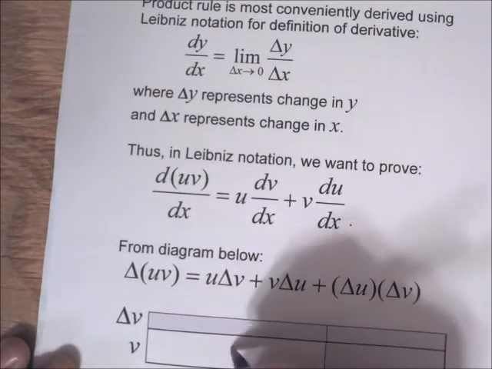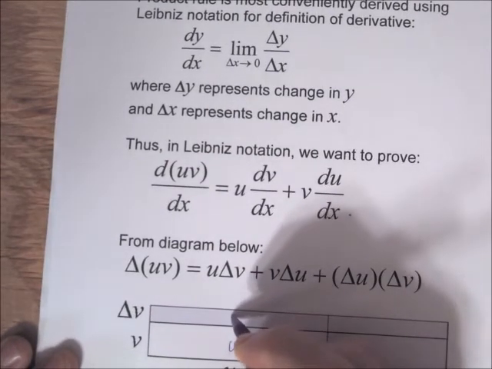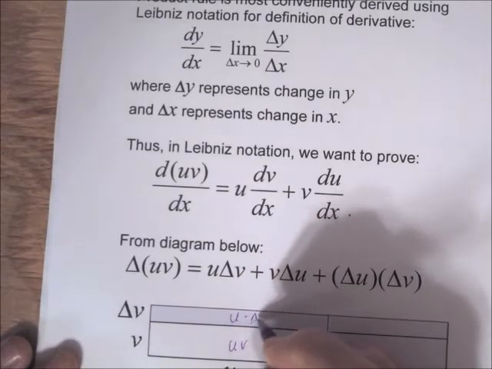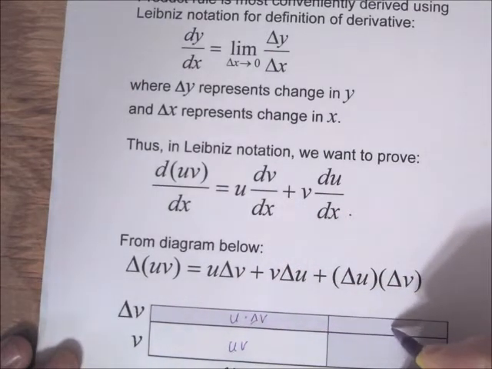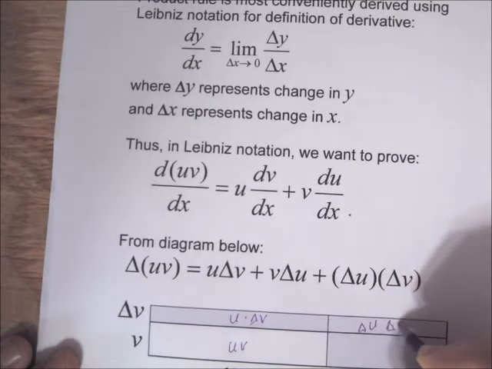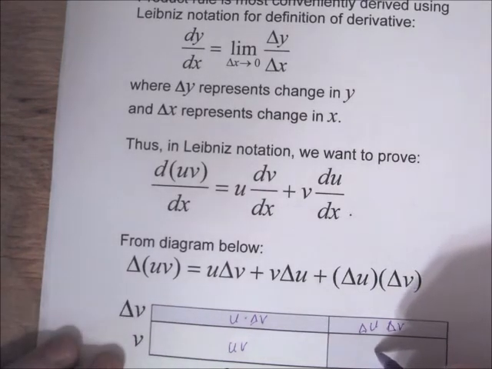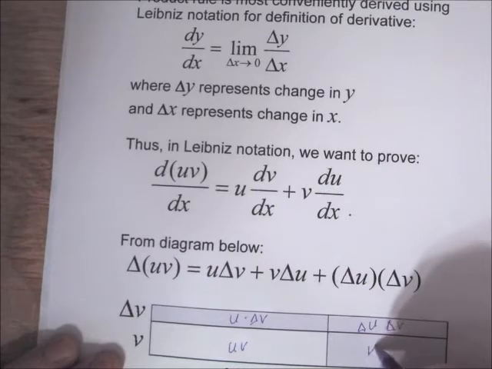This is the original box here, and the next box above it is u times delta v, and this one here is delta u times delta v, and this one here is v times delta u.